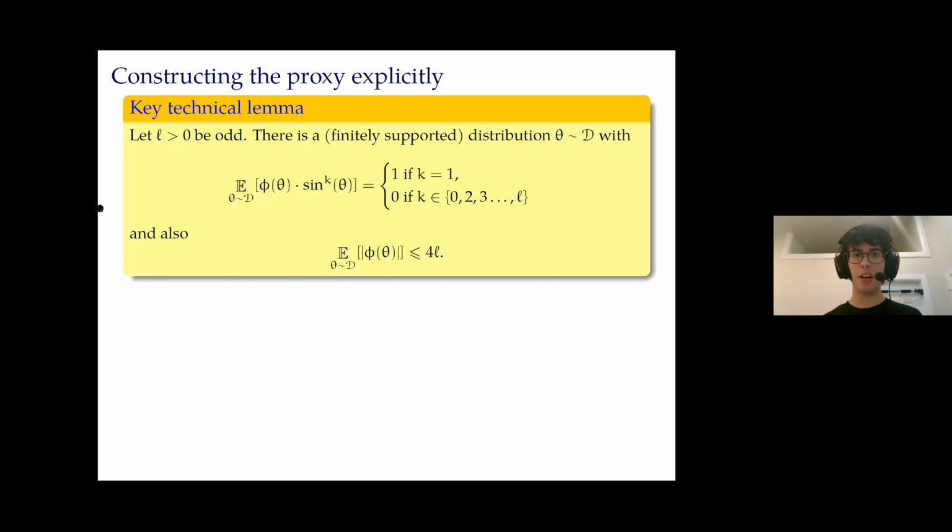Basically, for k equals 1 you get a 1, and for other small powers you get 0. And notice that while Bourgain and Milman had a continuous distribution, here it's just a discrete one. We actually do not know how to construct it for the continuous setting yet. The finiteness of the distribution here is really fundamental to our construction.